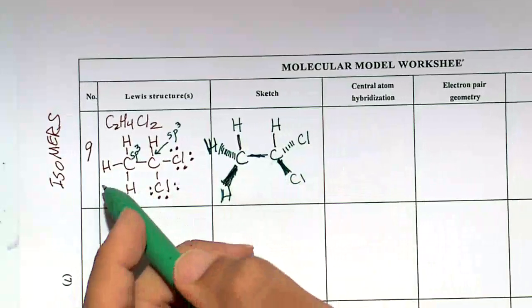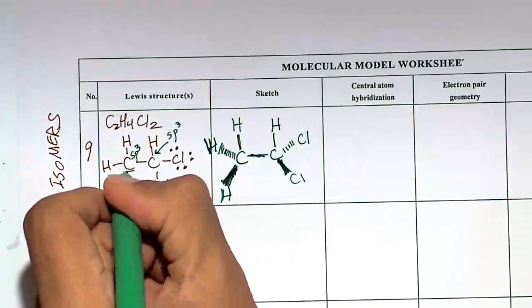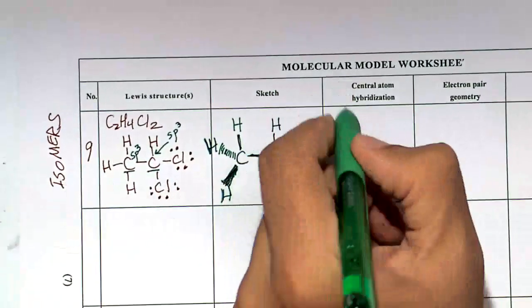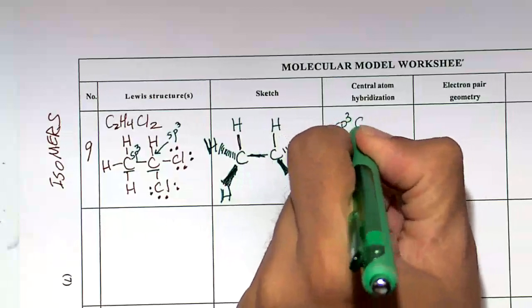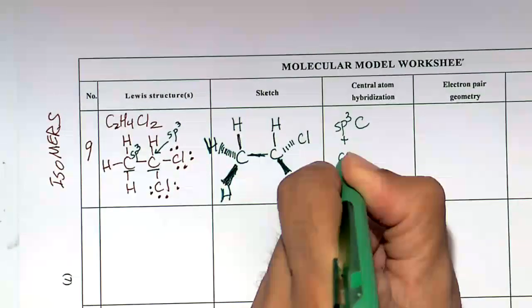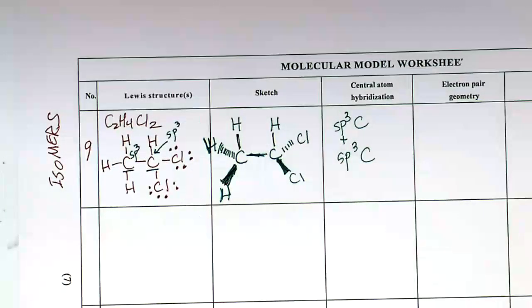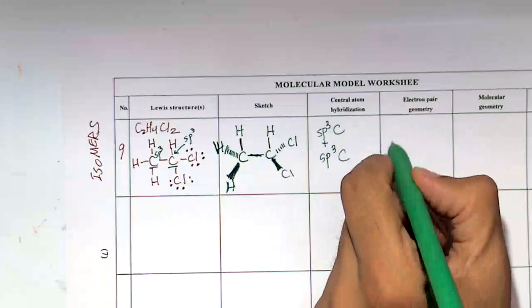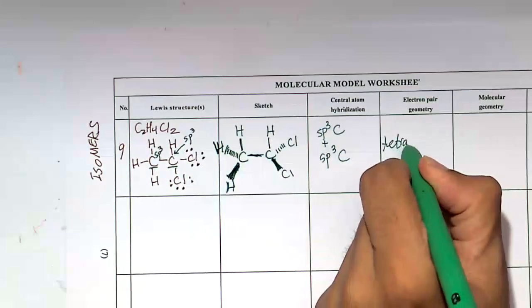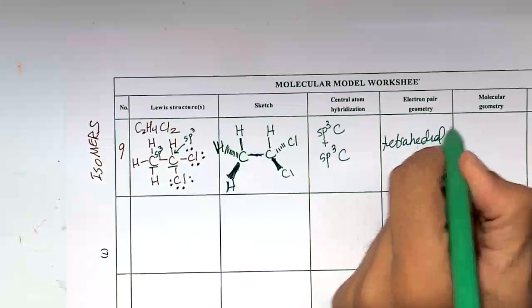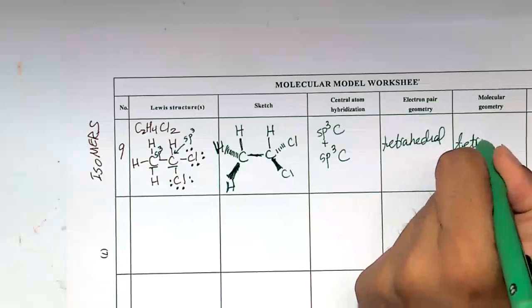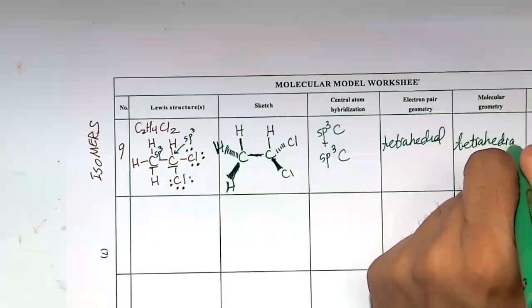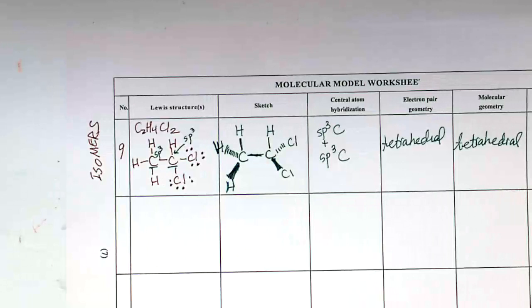We have 2 central atoms, an sp3 here, sp3 here. So we have an sp3 carbon with another sp3 carbon. Sp3 carbons are tetrahedral. There's no lone pair, so it's also tetrahedral for the molecular geometry.